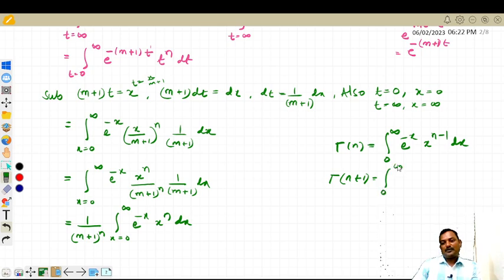This will become 0 to infinity, it will never change. n is replaced by n plus 1 minus 1, which is just x raised to n into dx, students. You can replace this total integral by gamma of n plus 1. So which is equal to 1 by m plus 1 whole raised to, this is actually n plus 1, students, into gamma of n plus 1.